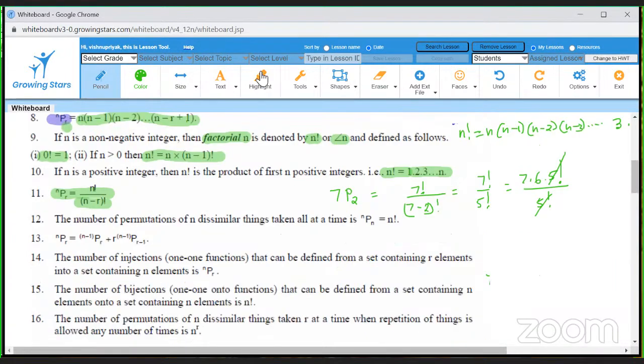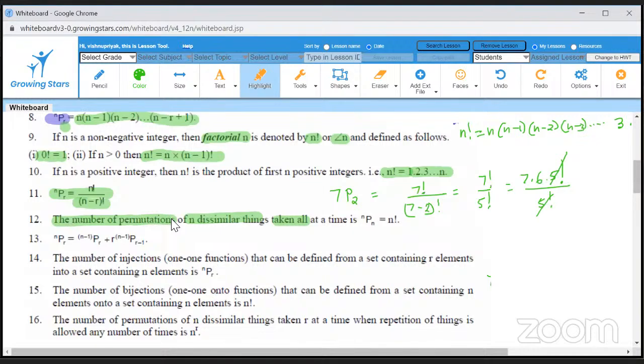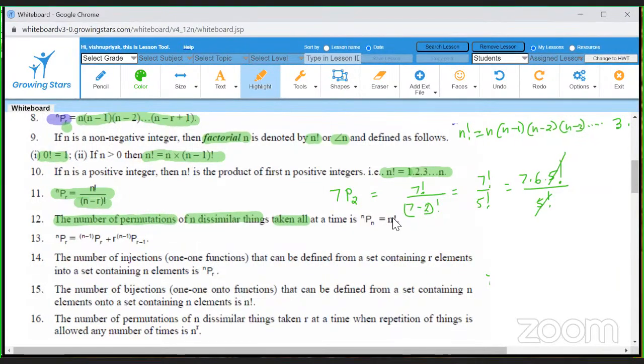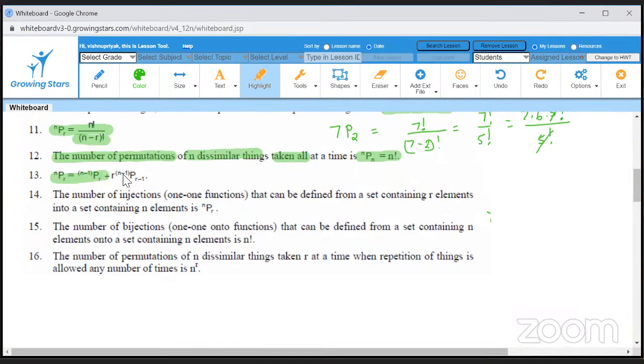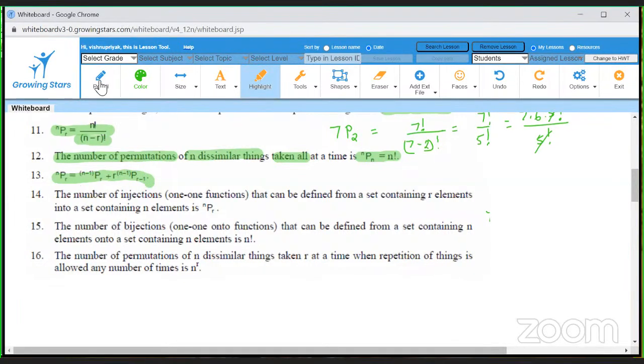Now, if you have total n things and you are taking all the things, then the number of arrangements, the number of permutations, is nPn, that is n factorial. You are not taking only r things, you are taking all the n things and arranging. Then there is one formula for NPR: (n minus 1)PR plus r into (n minus 1)P(r minus 1).